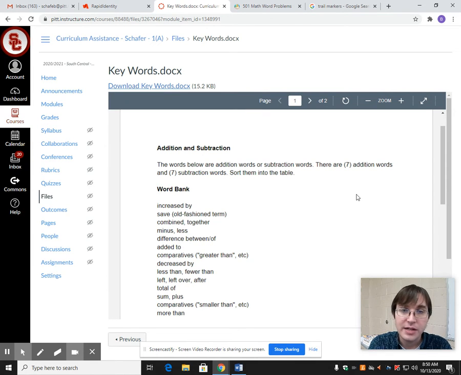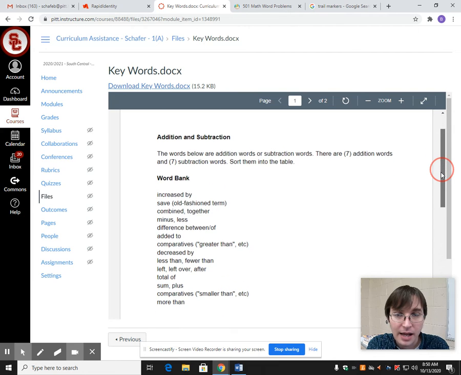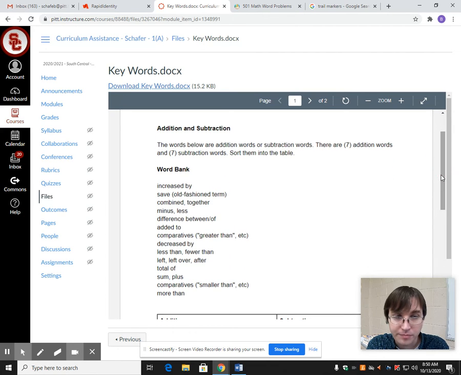So for today's assignment, I have put up this document, the keywords docx. And in this document, I have a word bank. On this first page, the word bank has words that are addition words and subtraction words.